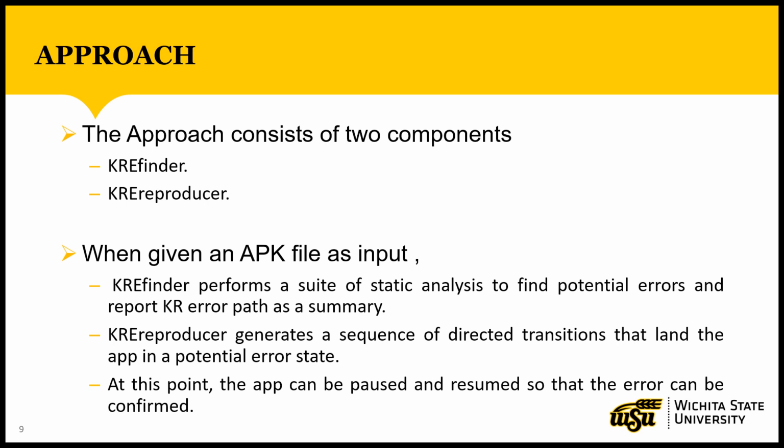When given an APK file as input, KRE Finder performs a suite of specific static analyses to find potential errors and reports the KR error path as a summary. The summaries are in a format suitable for KRE Reproducer, which automatically generates a sequence of directed transitions that land the app in a potential error state. At this point, the app can be paused and resumed so that the errors can be confirmed.